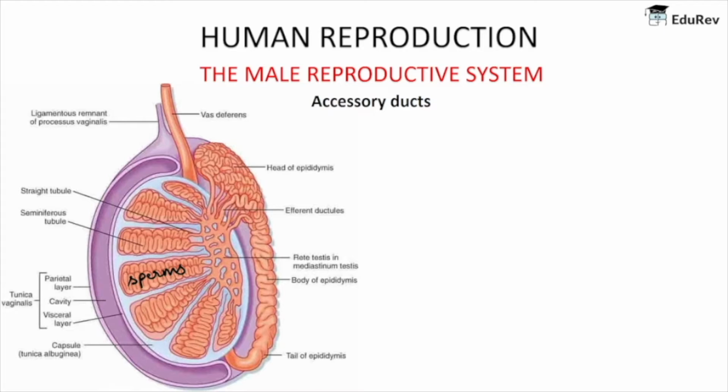Clear till now? Sperms are produced in the seminiferous tubule first. After the sperms are produced, they enter a particular pathway, and they reach first a network-like structure, which is known as the rete testis.